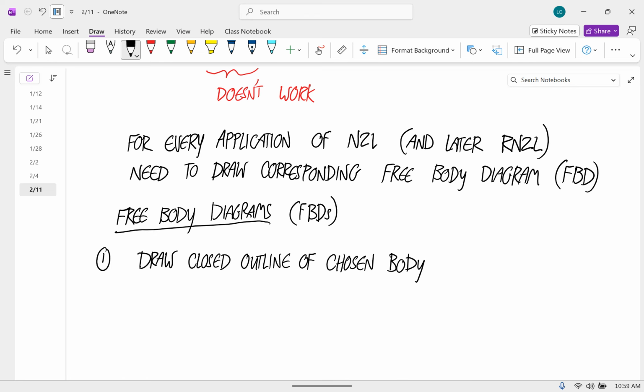And this should have no external objects in the picture, and no internal details. The only thing we care about is that outline that separates the chosen body from not the chosen body.